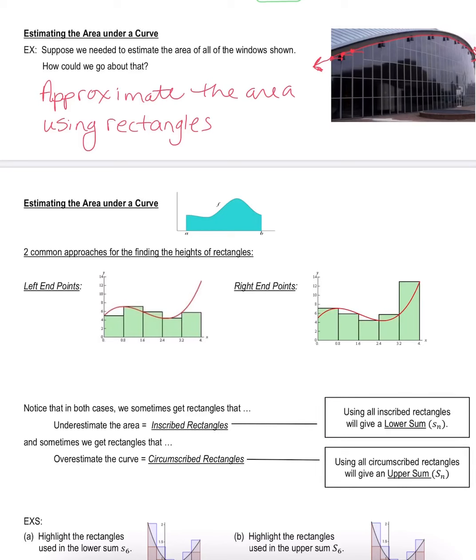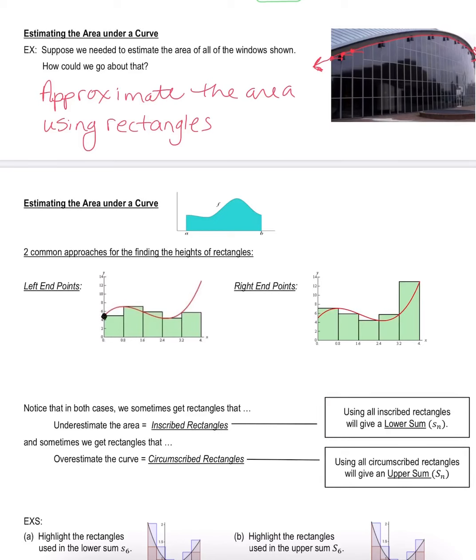Now, there are going to be a number of different ways that we could approximate the heights. As we look at this first example that we see here, it says 2 common approaches for finding heights of rectangles are either left endpoints or right endpoints.